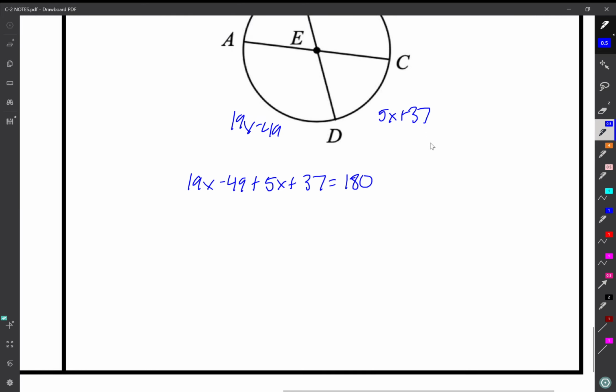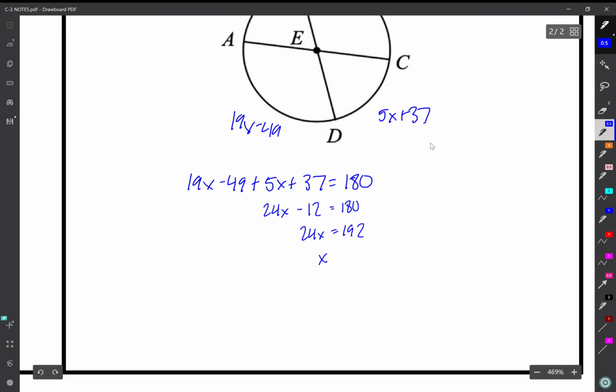So 19 plus 5 is going to be 24x. Then 37 minus 49 is going to be negative 12. That equals 180. So 24x is equal to 192. So x is equal to 8.